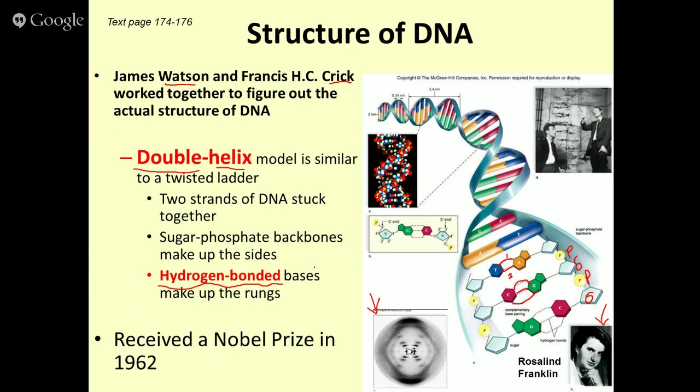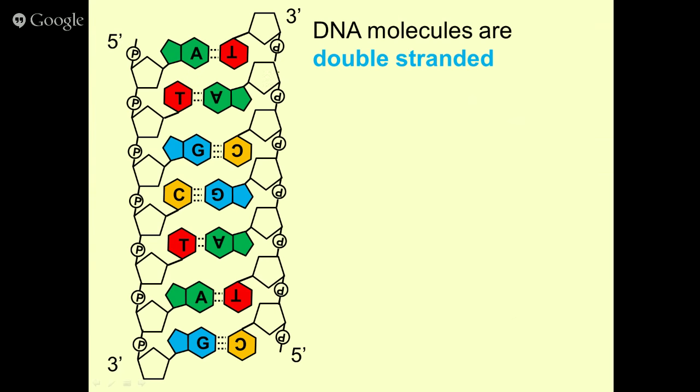So this gives us our structure of a DNA. So it's kind of like a ladder. The sides are made of the sugars and phosphates. The rungs are made of our bases, A's and T's and G's and C's sticking together. So remember, the DNA molecules are double-stranded. They've got the sugar phosphate backbone. See these little 5-sided structures?